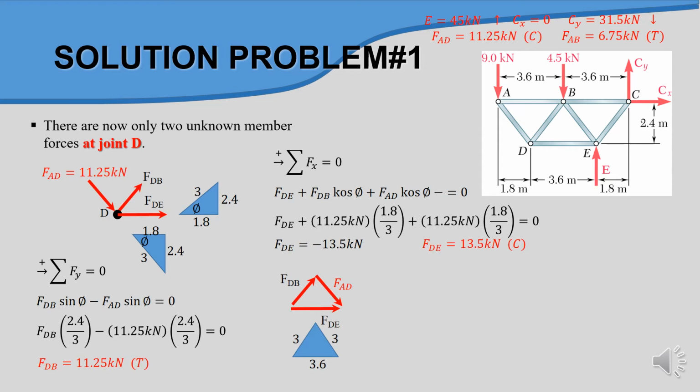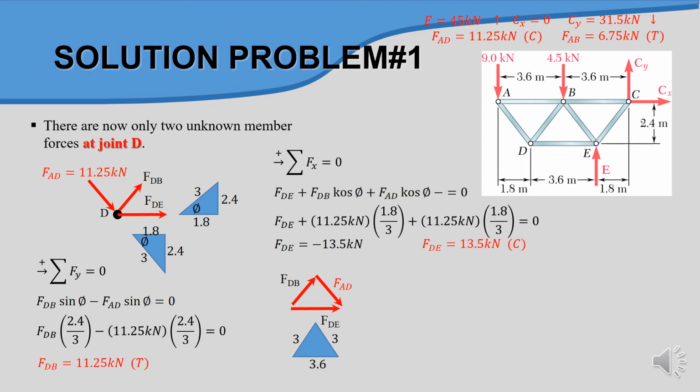We have the value of FAD at a certain angle, and also FDB at a certain angle. Using sin theta, we substitute FDB sin theta, where sin theta is 2.4 divided by 3, and we have FAD sin theta with the same theta value.